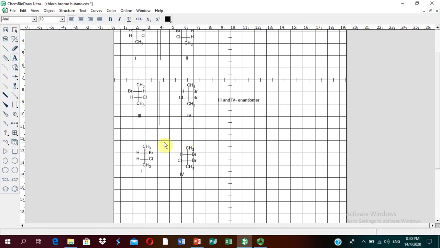Okay, draw the mirror here. CH3 object, CH3 image. Br object, H image. Okay, let's say you want to arrange in order. Br is going here, H is going on the other side, to meet the characteristic of their image here.